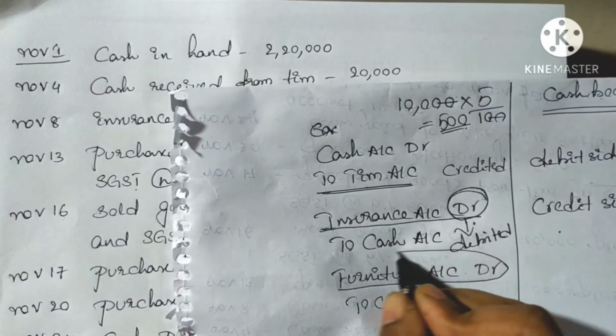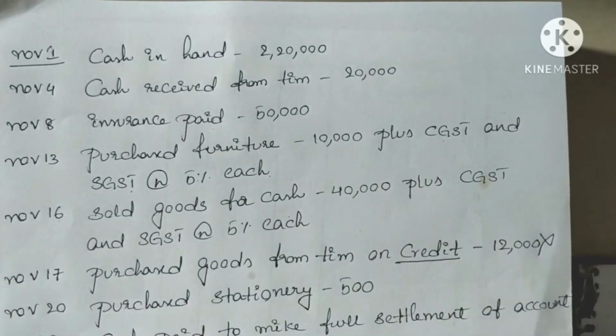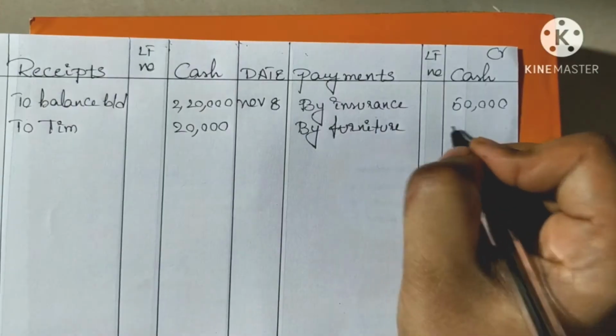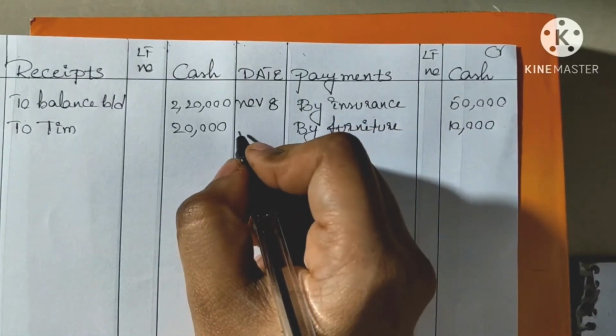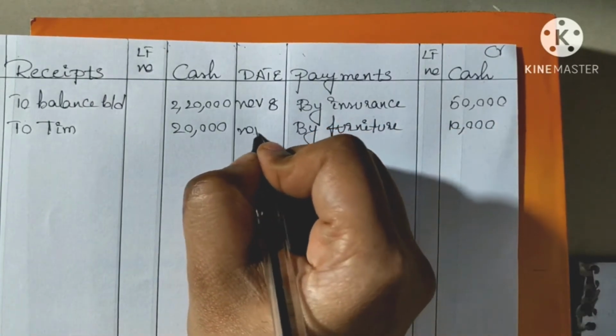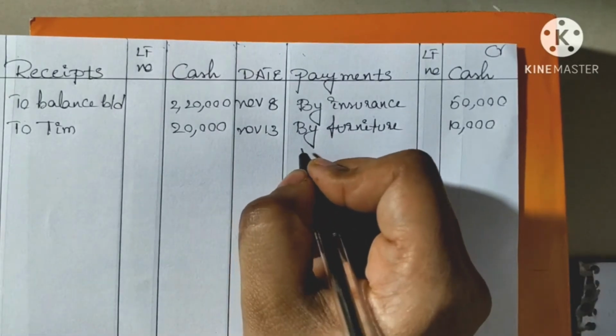Here furniture is debited, so in the cash book we will mention it on the credit side by mentioning buy furniture, and the amount is 10,000. The date is November 13th.